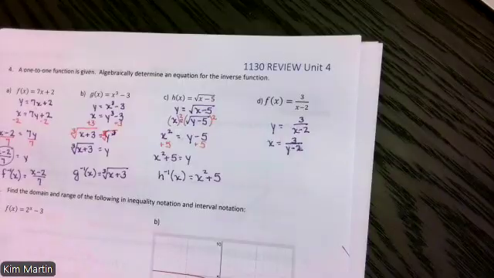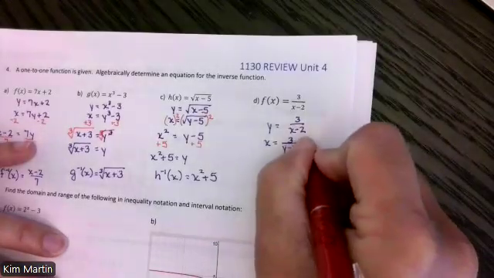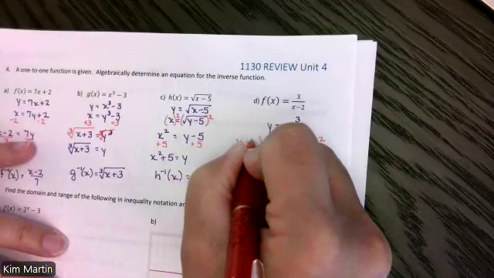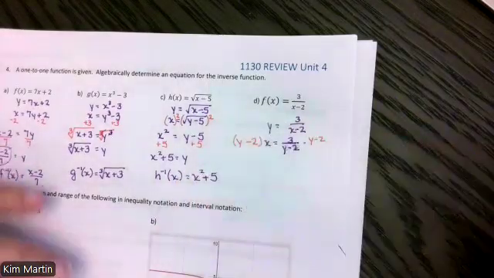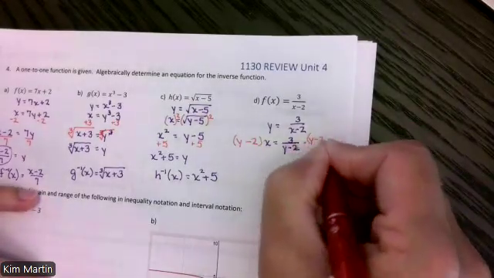We have to solve for y. There's a couple of different ways of doing this. I just get rid of my denominator by multiplying by the denominator of y minus 2. You can cross multiply. You can get them to have the same denominator, then ignore the denominator. It all works the exact same way.